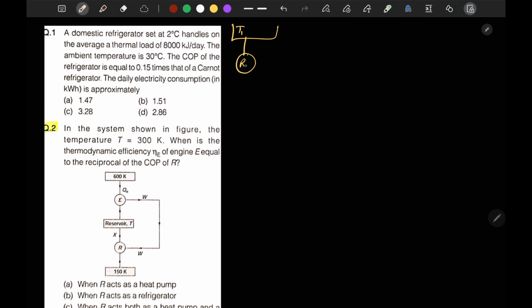Now this refrigerator is sub-cooling the space. It is mentioned that the domestic refrigerator is at 2 degrees Celsius, so we know that our T2 value is equal to 275 Kelvin.